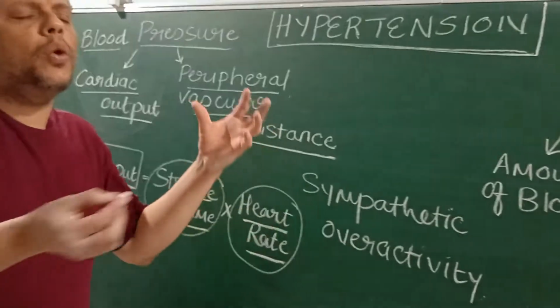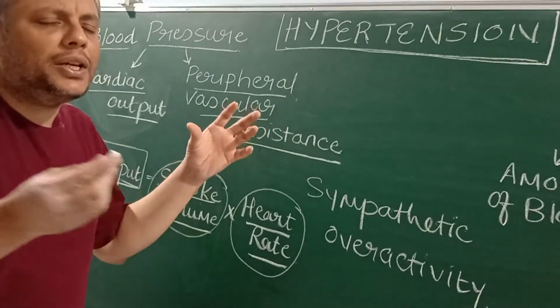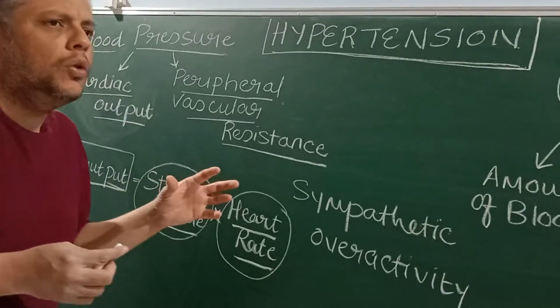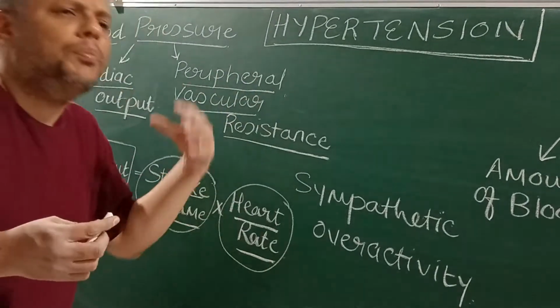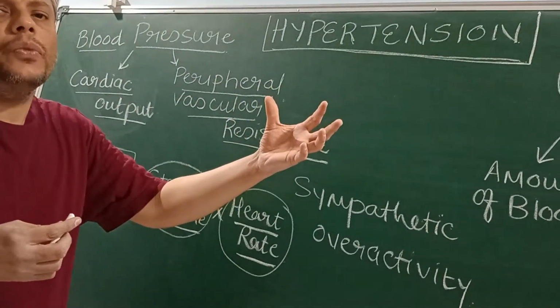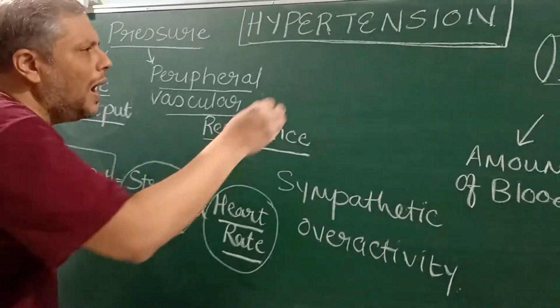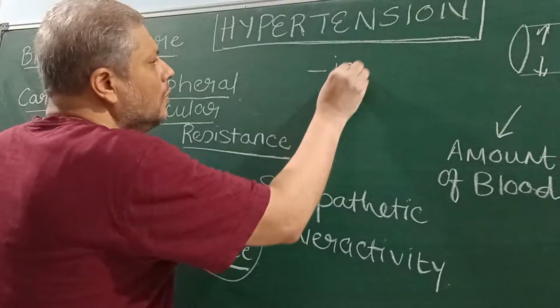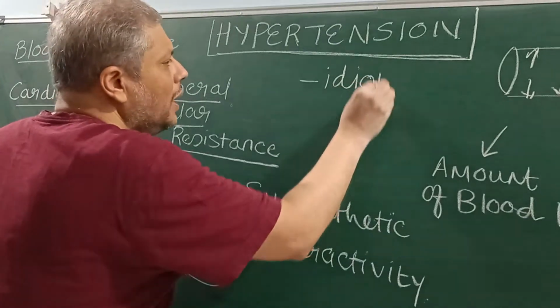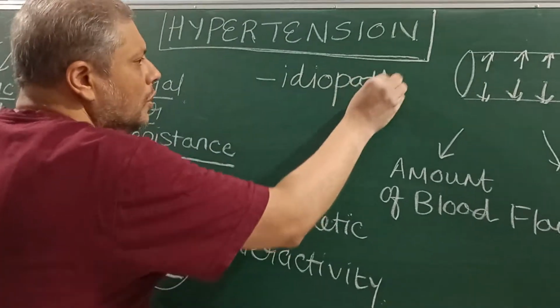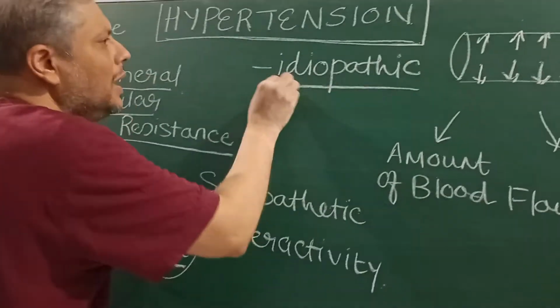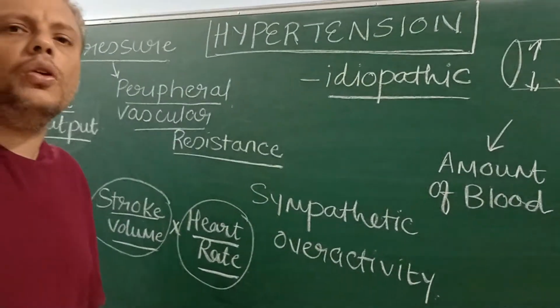Okay, now we will not go into the detail because that is not our topic right now. But hypertension can have many reasons. And the most common reason of hypertension, you will feel that sir is joking, but this is true, is idiopathic. It means we don't know the cause.